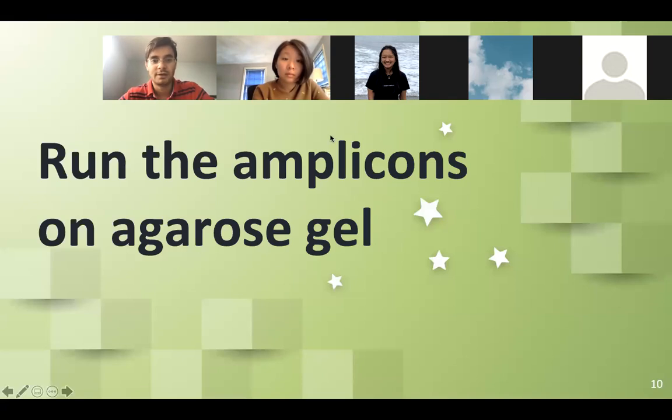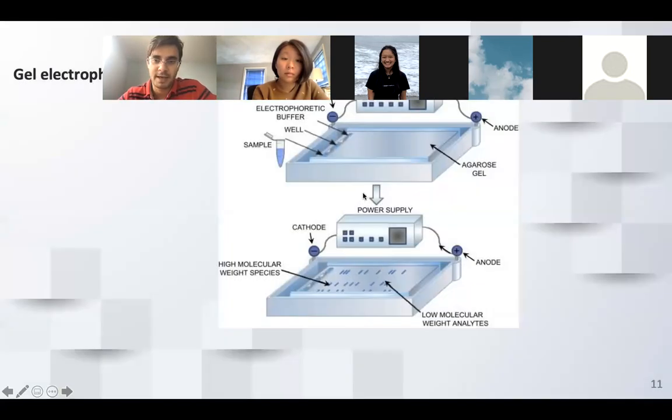We need to run the amplicons on agarose gel. This is what that looks like. You have a power supply that allows you to subject your DNA sample to an electric field in a gel electrophoresis, and that allows the DNA to migrate in your gel.